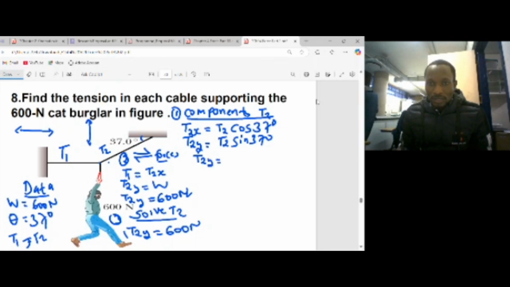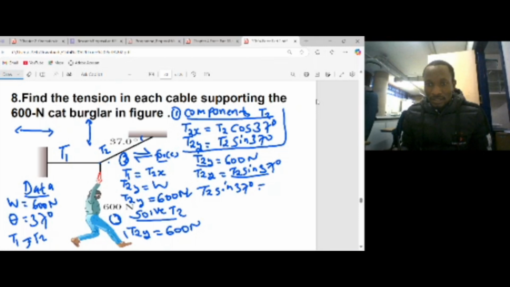This T2y is equal to 600 Newton, and T2y is equal to T2 sin 37 degrees. So instead of writing T2y, we can replace it with this one. So you can say T2 sin 37 degrees is equal to 600 Newton.